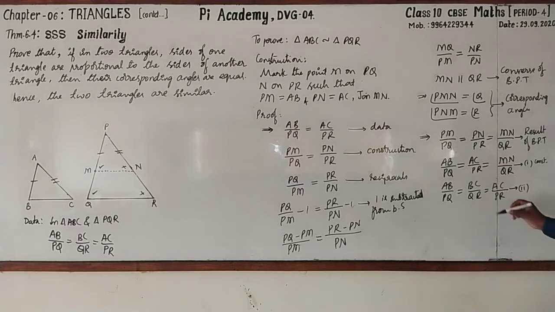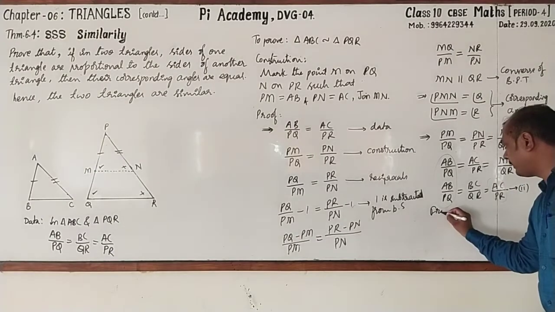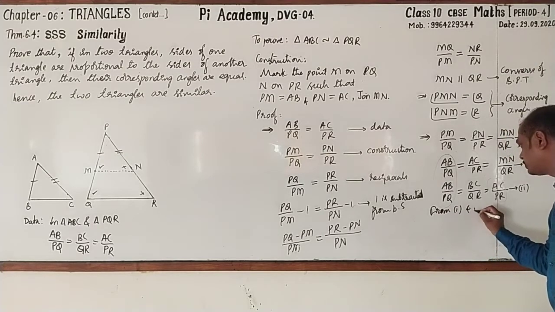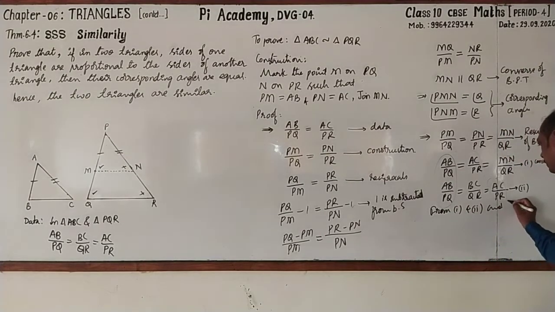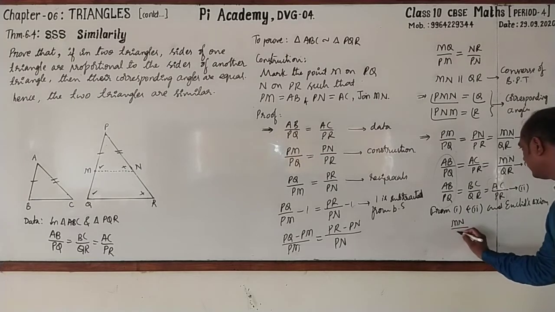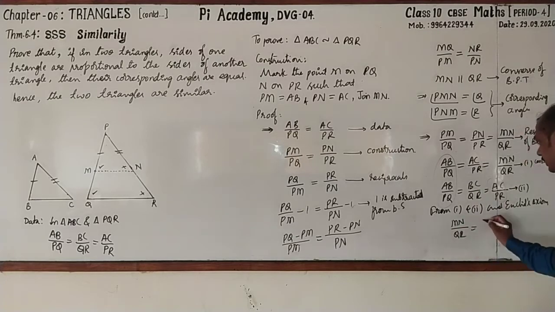So from 1 and 2, look here, AB by PQ equal to AB by PQ, then AC by PR equal to AC by PR, and the remaining should also be equal according to Euclid's axiom. Here I'll write from the statements 1 and 2 and Euclid's axiom, that is MN by QR is equal to BC by QR.